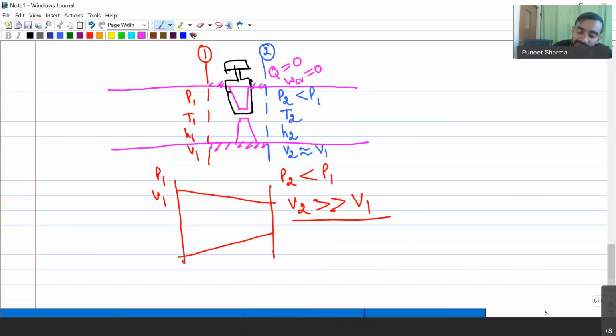Now if I apply the steady flow energy equation, what will be happening? Let me say M1 dot is the mass flow rate at inlet and M2 dot is the mass flow rate at outlet.